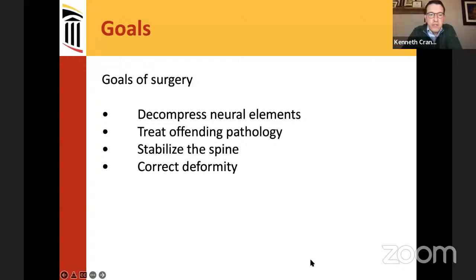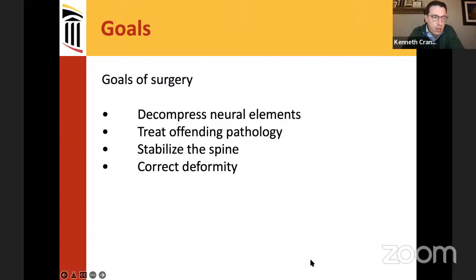So what is the goal of surgery for any of these patients? Obviously, the primary goal is going to be to decompress the neural elements, to remove the pressure from the spinal cord, to remove the foraminal stenosis and improve their thoracic radicular pain. But that's going to be easily the main goal of any surgery. Another goal is to treat the offending pathology depending on what it is.